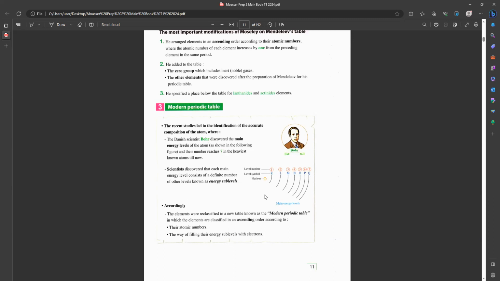After Bohr, scientists came and discovered that in each main energy level, there are also sub-energy levels.